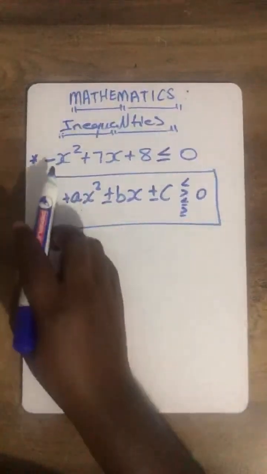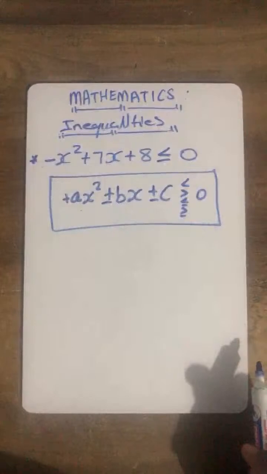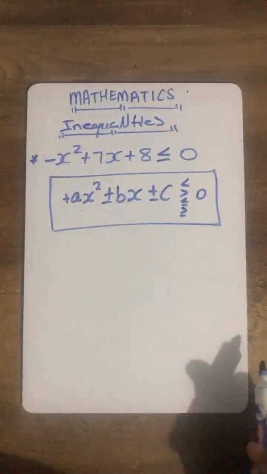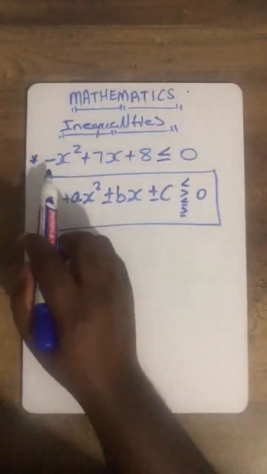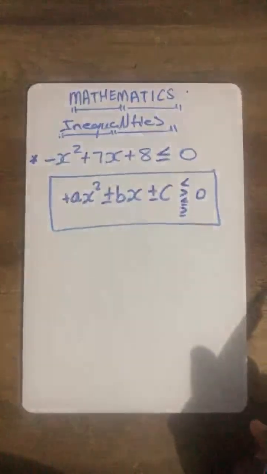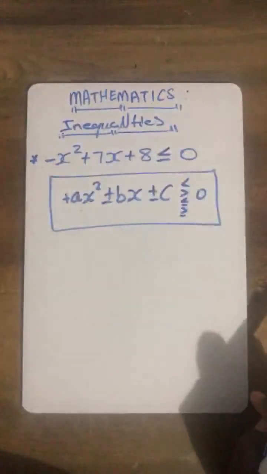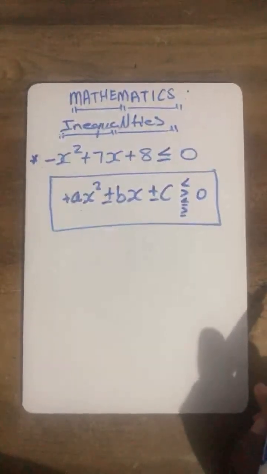So on that problem, we realize that our A is not positive. We therefore need to change it to becoming positive. So one can say, I'm going to divide everything by -1. Another one would say, I'm going to change the sign of every term, or I'm going to change every sign that I see.